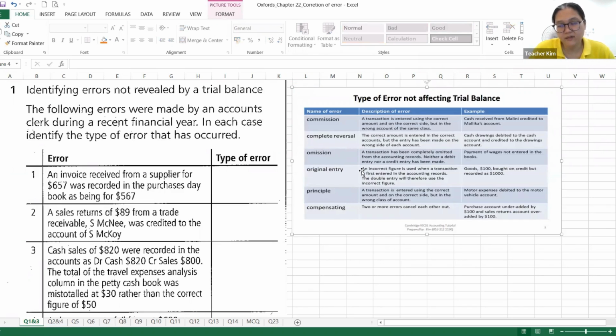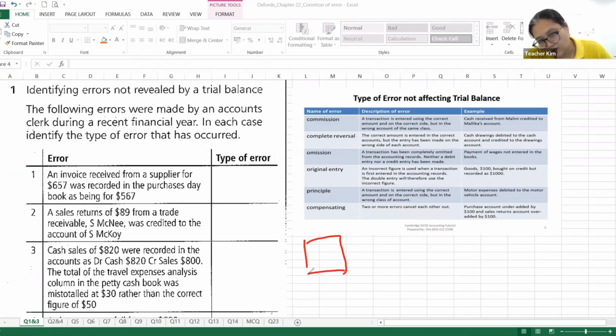So these are 6 errors not affecting the trial balance. Which one refers to which one? For example, an invoice received from a supplier for 657 was recorded in the purchases journal as 567. This is the first recording. You still remember our flow of the accounts.